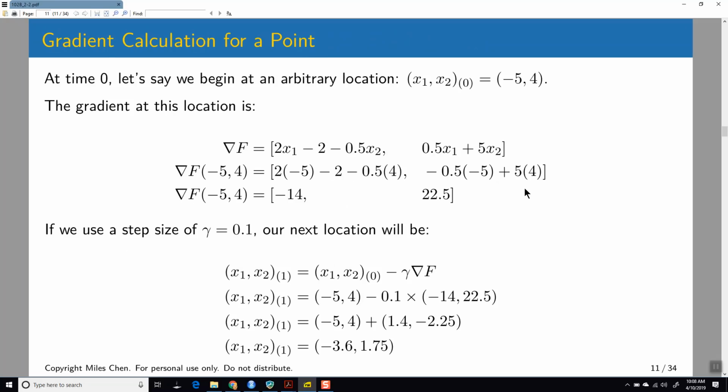If we wanted to find the gradient, we would just plug in -5 and 4. I'm missing a negative sign here, I've got to fix that.